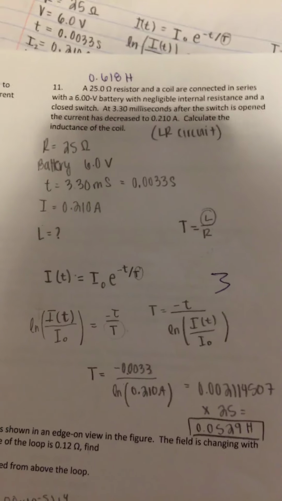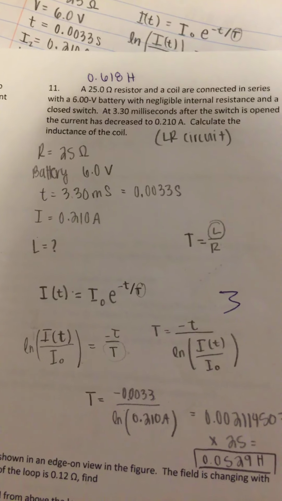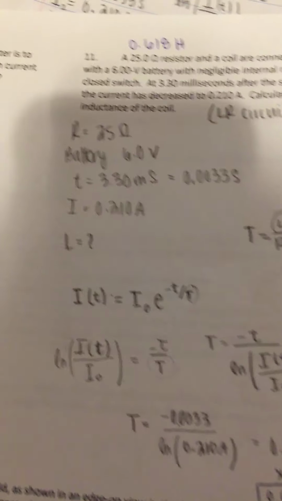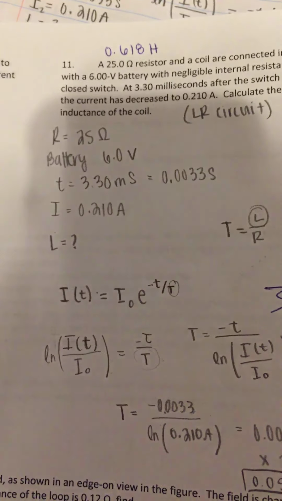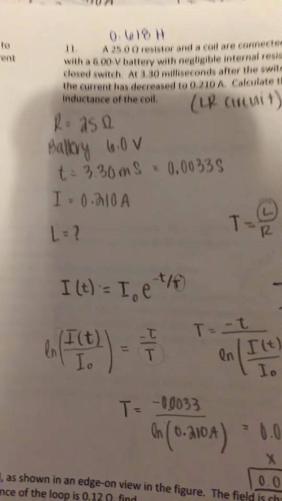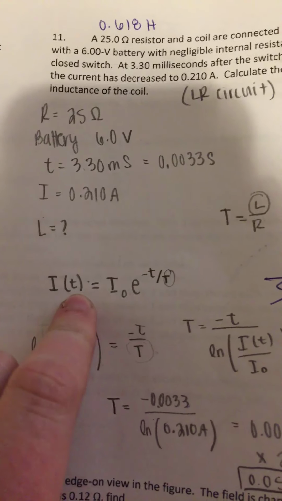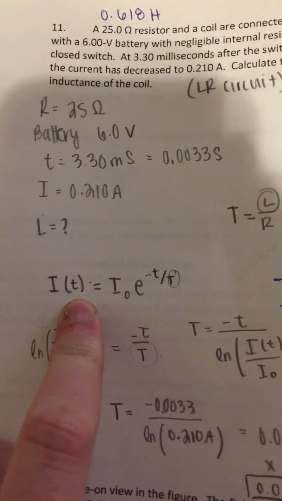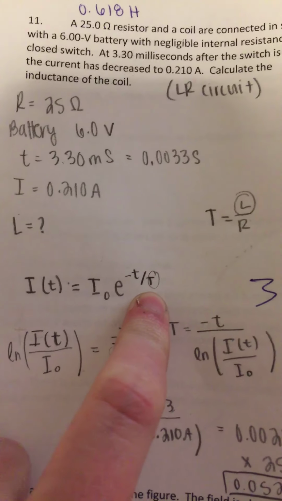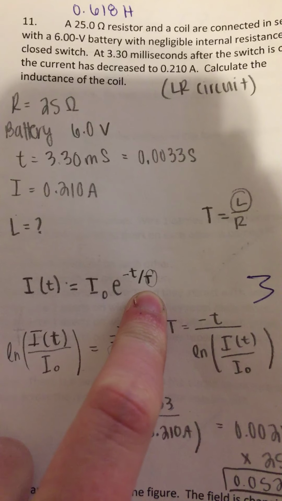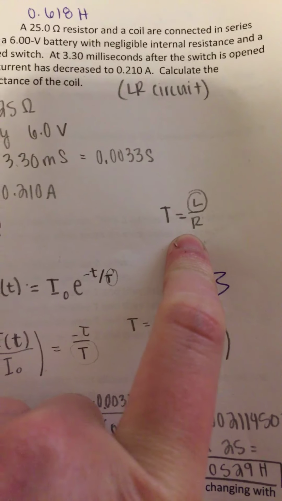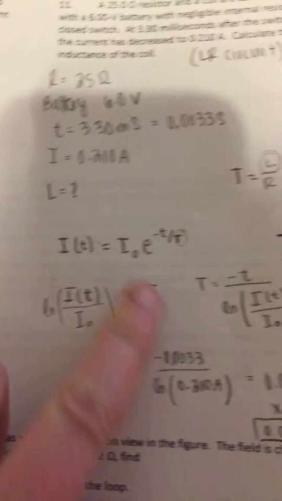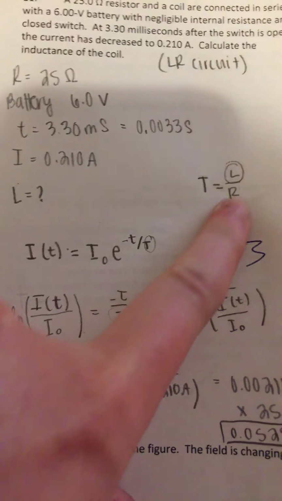All right, and then problem number 11, we're trying to calculate the inductance of the coil. So you write down all of the known pieces of this problem, and then we are given this equation in our test notes, and you solve that for T, which is the time constant, and we know that that is equal to L over R. So you solve for that, and then you times it by R, and you're going to get the inductance.